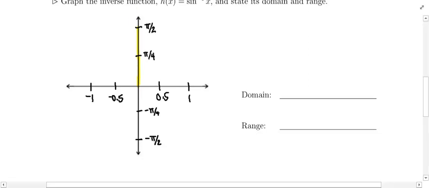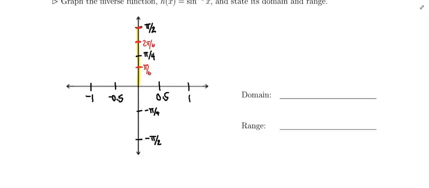I am going to ignore the pi over 4, and I'm going to break this yellow piece into 3 equal parts. I'm just eyeballing it again. So this first one is going to be pi over 6. This would be 2 pi over 6, which is pi over 3.